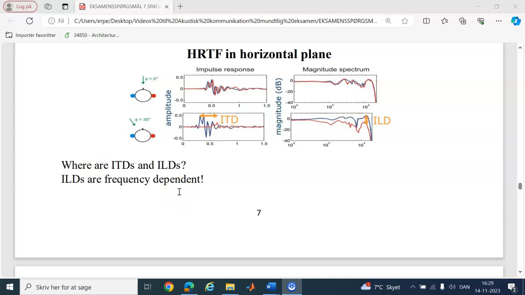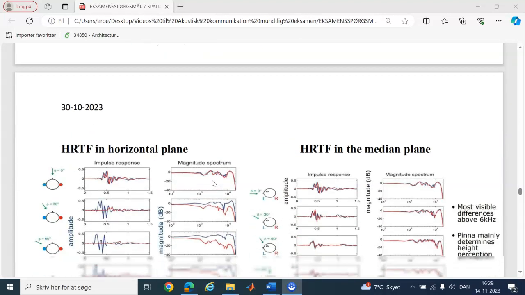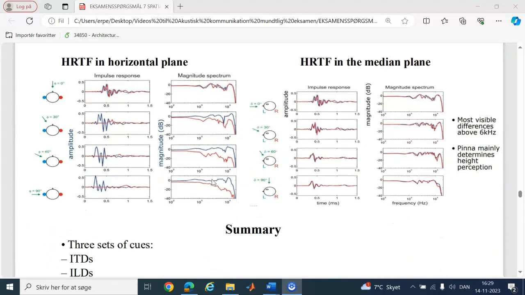Where are ITDs and ILDs? ILDs are frequency dependent. So we can have some HRTF in the horizontal plane, impulse response, and the magnitude spectrum.